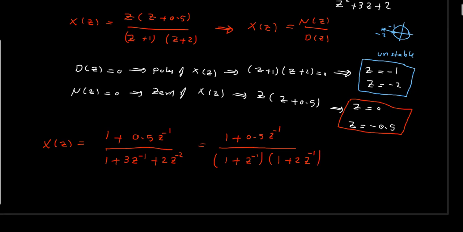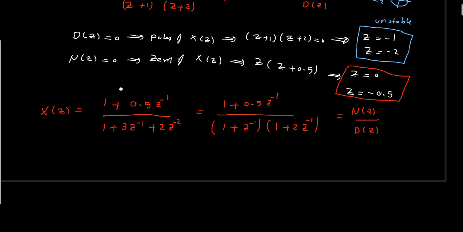So now if we assume that this will be n of z and this will be the d of z, the solution for d of z equal to 0 will provide us with the same information, that we have two poles, one at z equal to minus 1 and the second one at z equal to minus 2.